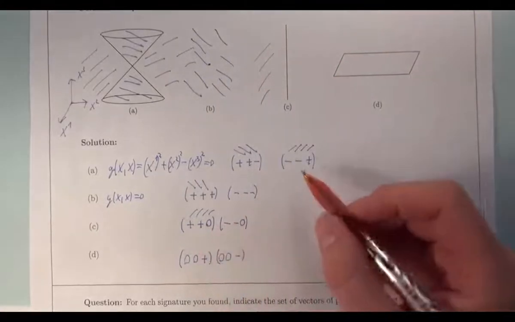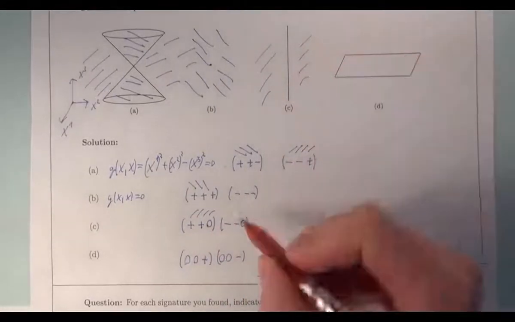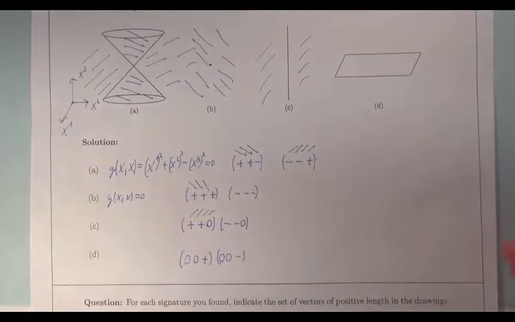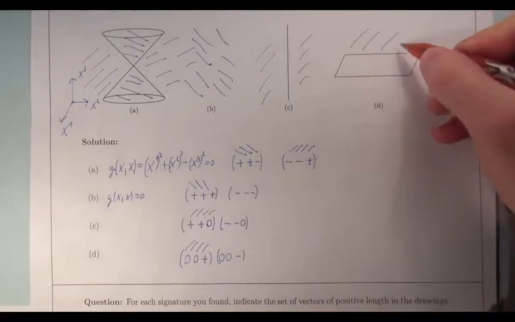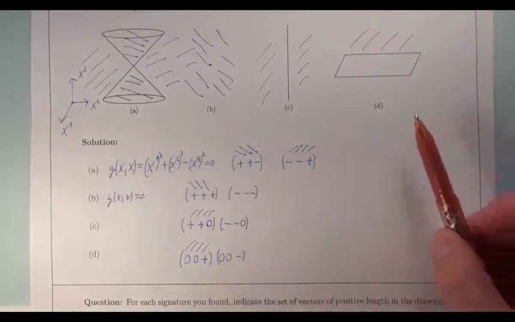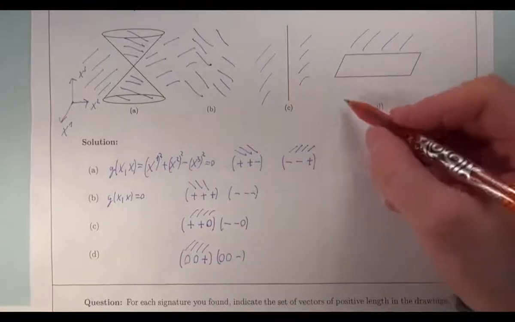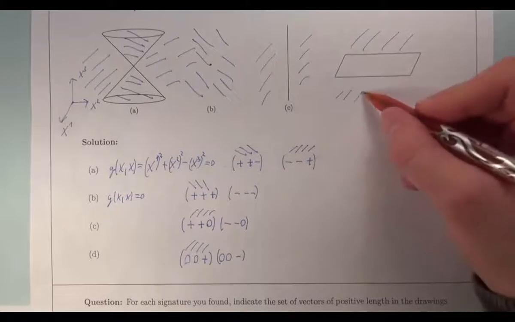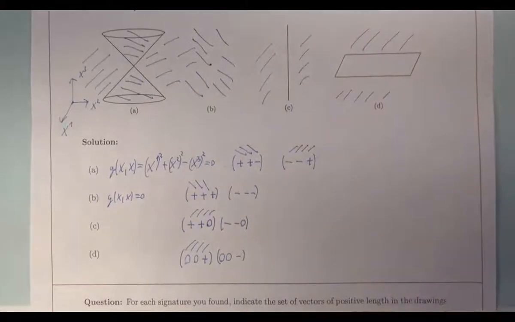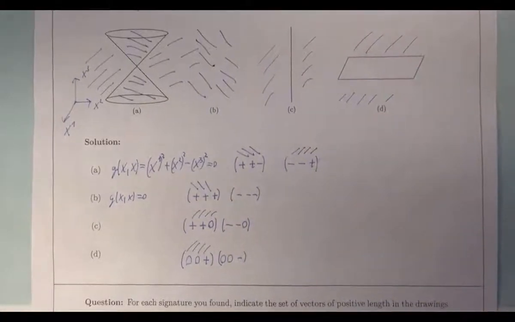For the plus, plus, 0 signature, and for the minus, minus signature, we don't have any positive length. And the same argument holds again for the plane, where we have everything outside. For the signature null, null, plus is of positive length, and for the signature null, null, minus, there is no positive length. Okay, therefore exercise 2 is complete.